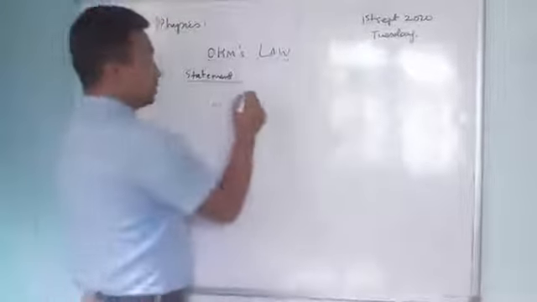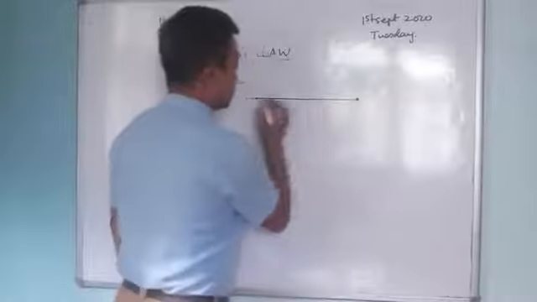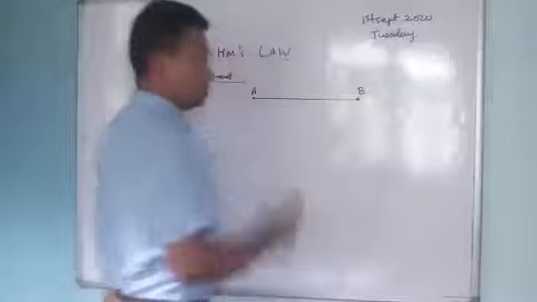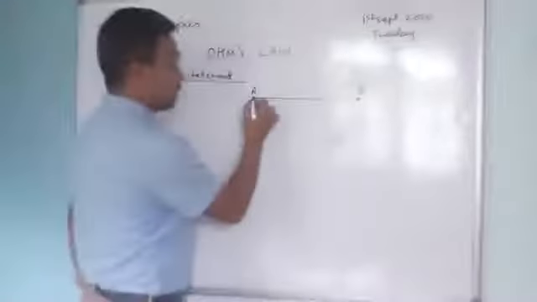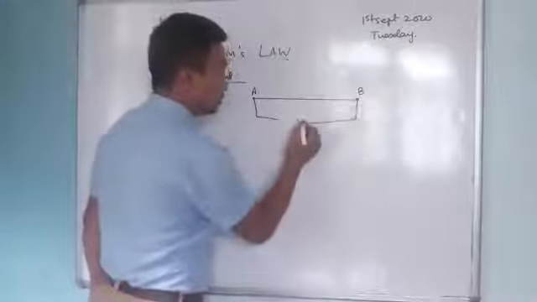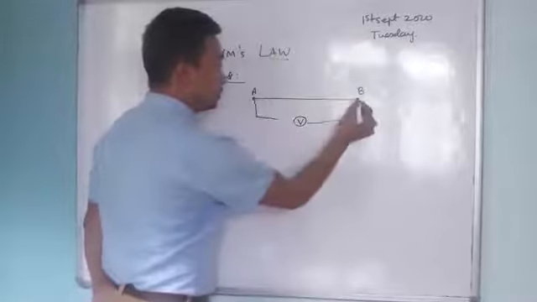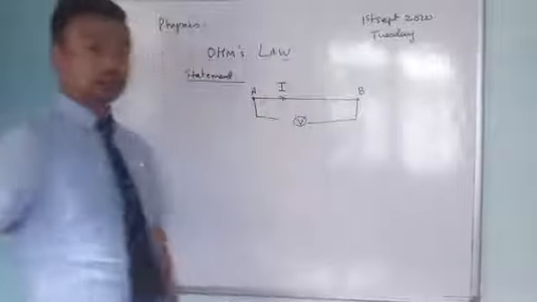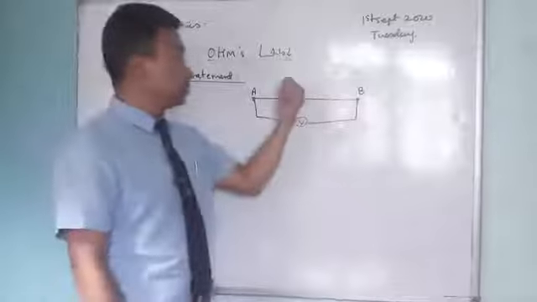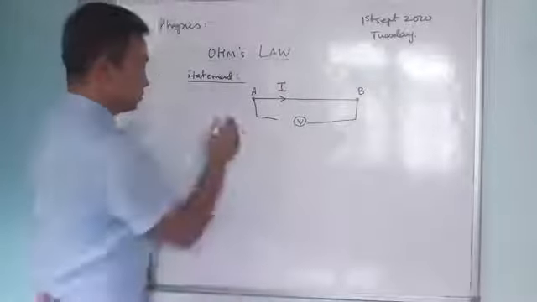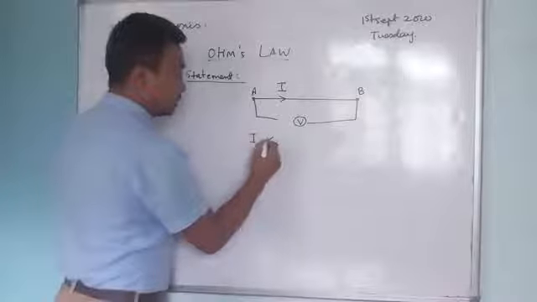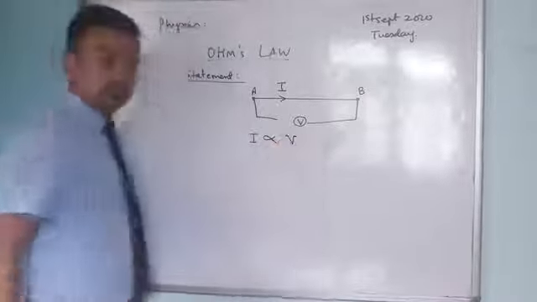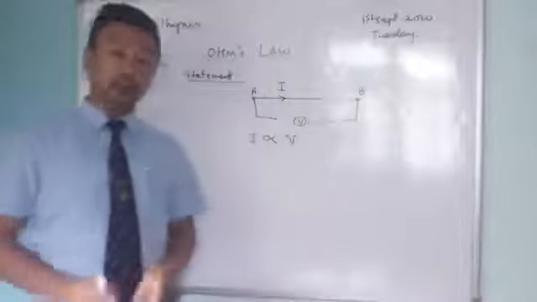Or we can also write it like this. Let us take AB as any conductor. Suppose V is the potential difference across the ends of the conductor and the current I is flowing through the conductor from A to B. The relation obtained according to Ohm's law is that I is directly proportional to V. In physics, you have only two relations, either direct proportion or inverse proportion.